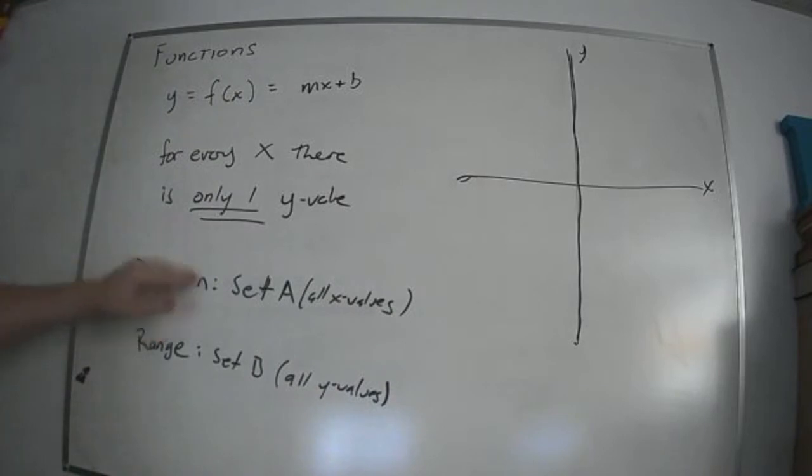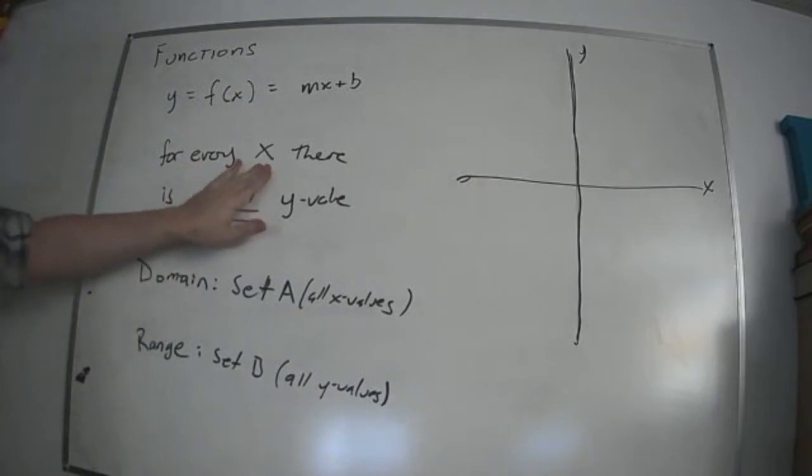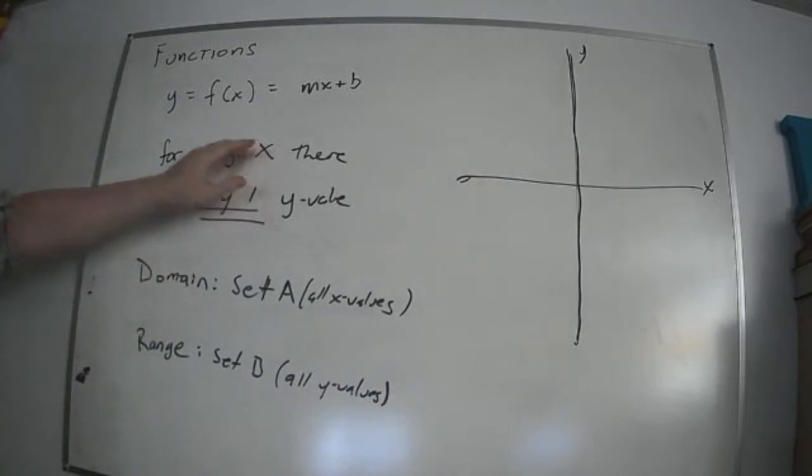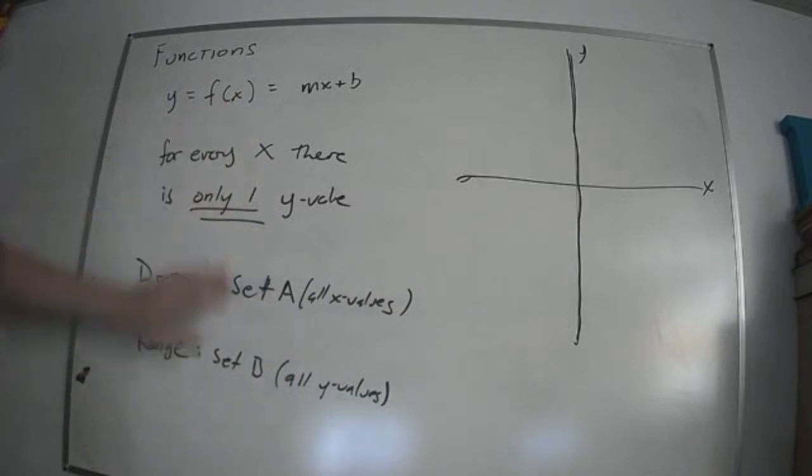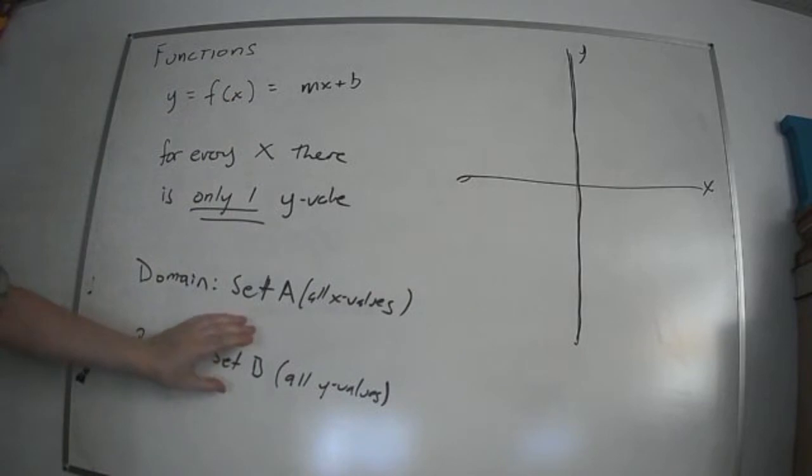So the domain is anything you can put in for x. And the range then is anything that spits out for y, because y is determined. It is not independent.